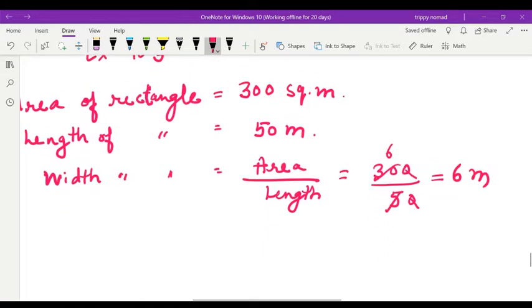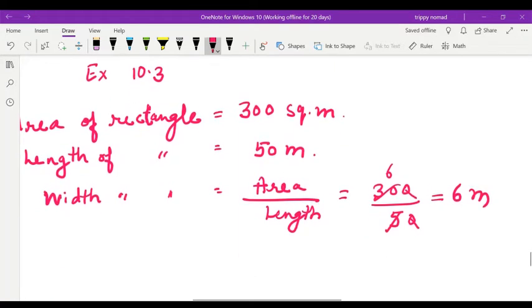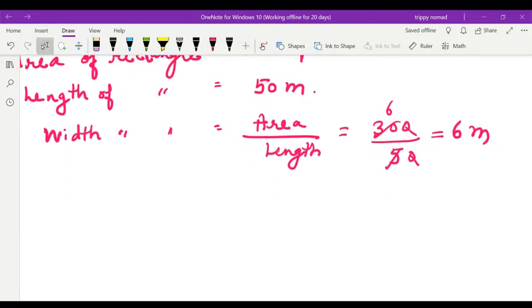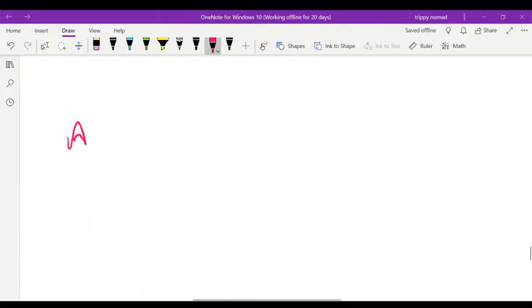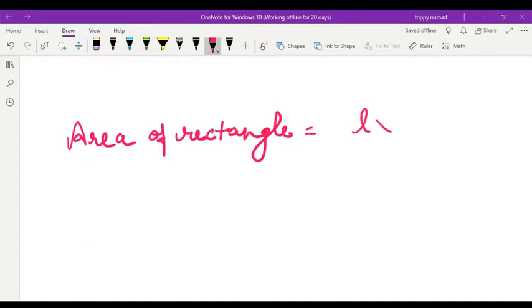Children, how we are getting this formula to find out the, I am showing you here, area of rectangle is equal to length into breadth.